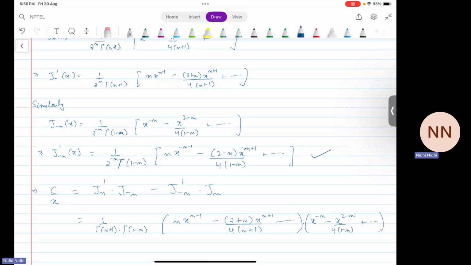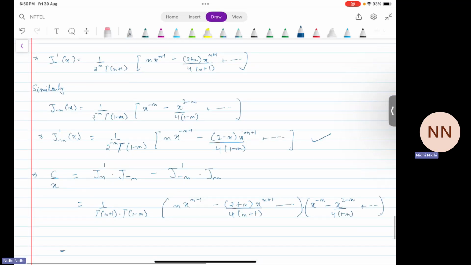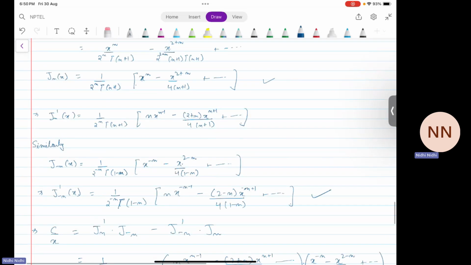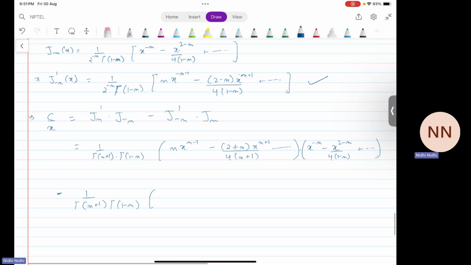Now we'll see the derivative of J_{-n} and J_n, these two terms. This will give us 1 by gamma n plus 1 gamma 1 minus n, because again we have 2 to the power n and 2 to the power minus n, that would be cancelled out.